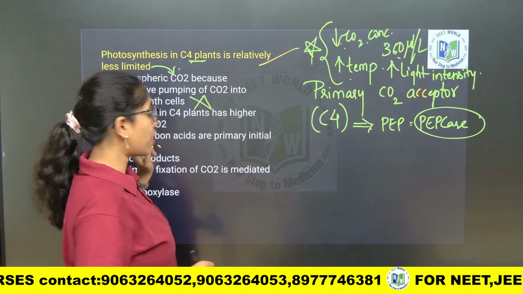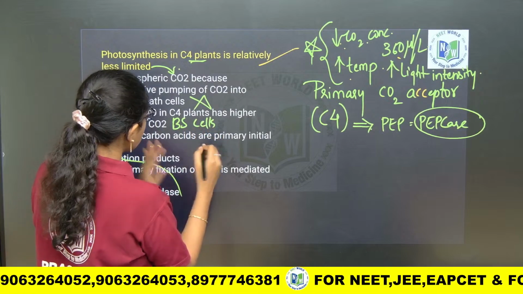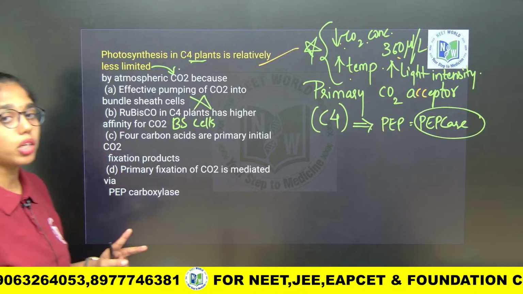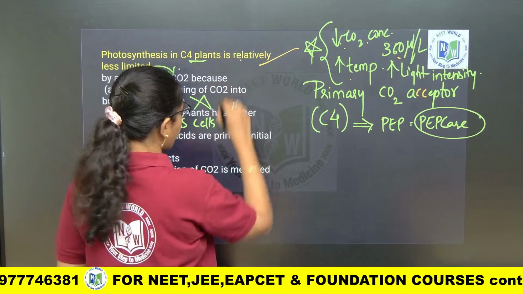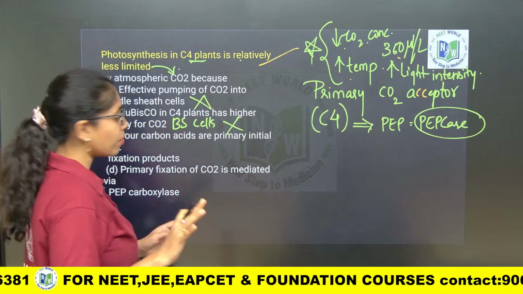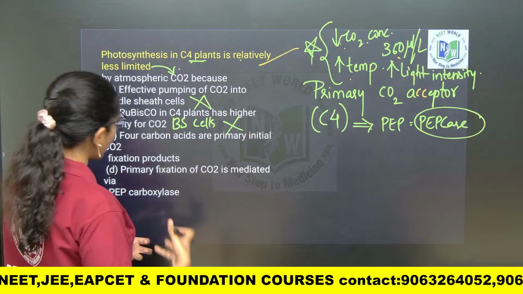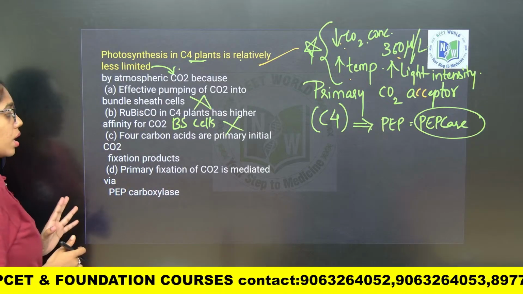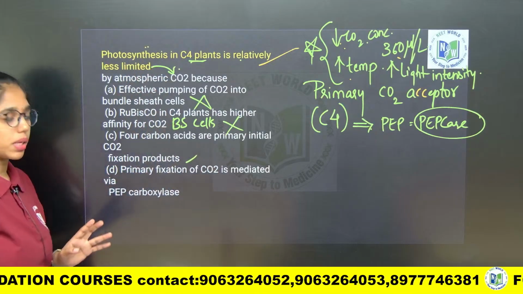In C4 plants it is in bundle sheath cells, which conducts the second carboxylation. Here we are talking about primary carboxylation, so this statement will not work out. 4 carbon acids are primary initial carbon dioxide fixation products. Yes, this is a true statement, but it is not applicable to the question.